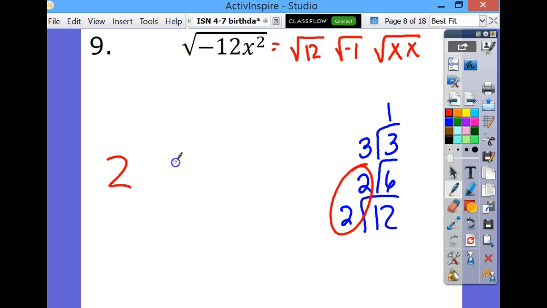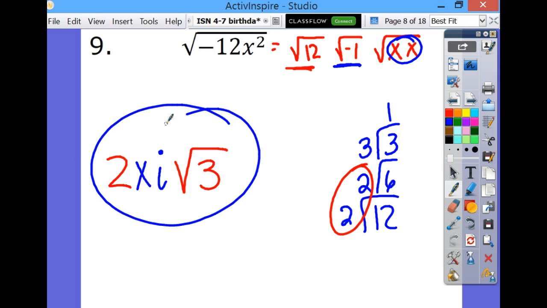There's a pair of 2s and a 3 left over. That's for the 12. What about this? That makes an I. This has a pair of x's. The pair of x's comes out in front. That's your final answer. And I believe it's usually written in this order: whole number, variable, I, and the radical is last.